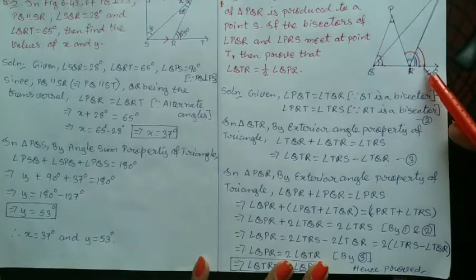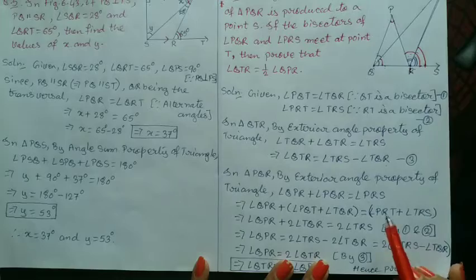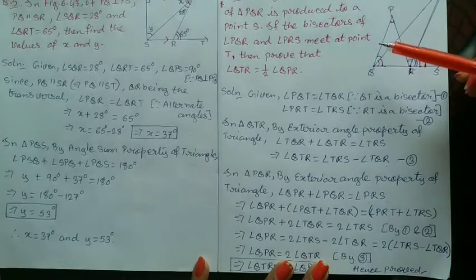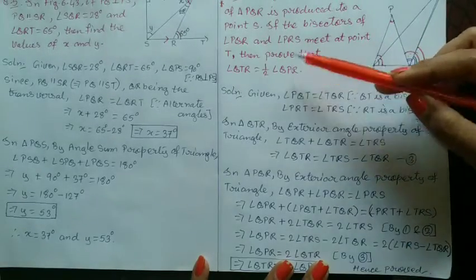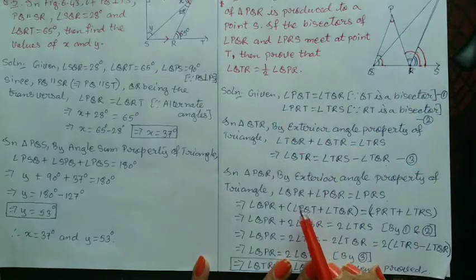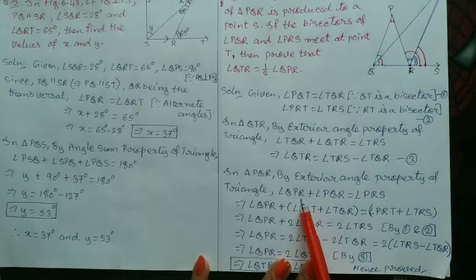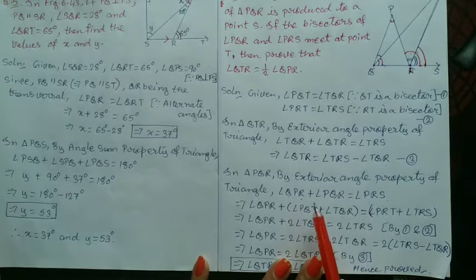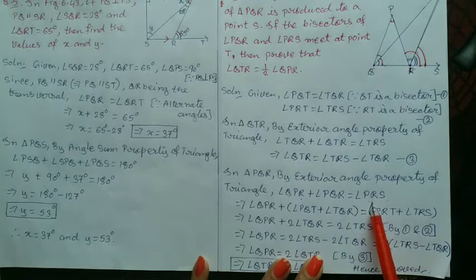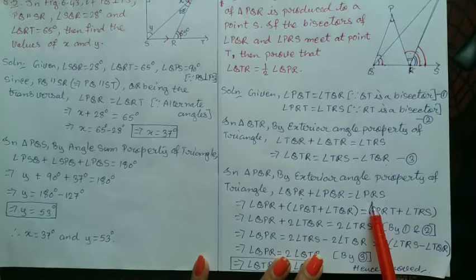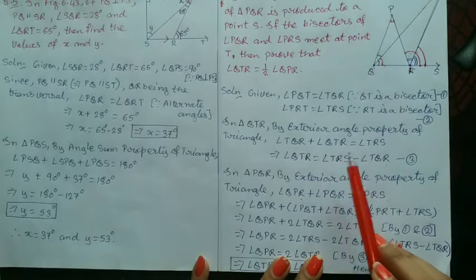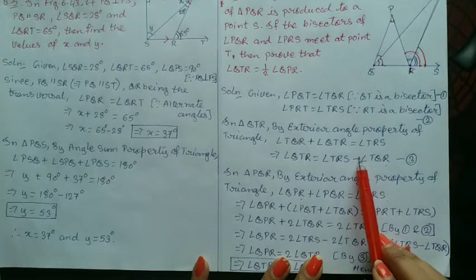This complete angle is the exterior angle. Now we have to relate these two terms. Here again, QPR is here, QPR is here. So we can write QPR plus PQR is equal to PRS. Now we will try to relate it with this particular equation.